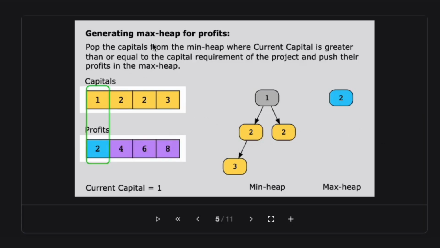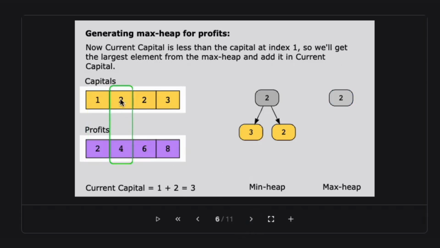Okay, so pop the capitals from the min heap where the current capital is greater than or equal to the capital requirements of the projects, and push their profits in the max heap. So look, now we have the current capital is 1, the profit is greater than the capital, so we pushed 2 into it. Now let's continue. The current capital is 2, the profit, right, is greater than the capital.